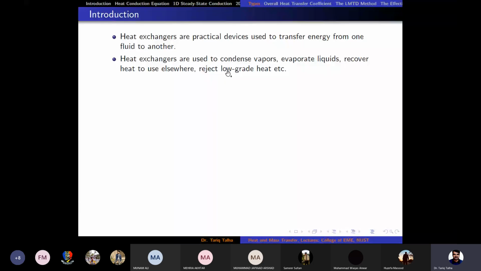They are being used for the condensation of vapors, like in the condenser of a steam power cycle; to evaporate liquid, like we do in boilers; to recover heat to use elsewhere, like the regeneration phenomena which we studied in thermodynamics too; and to reject low grade heat to a sink, like rejection of heat in lakes, rivers, or air.